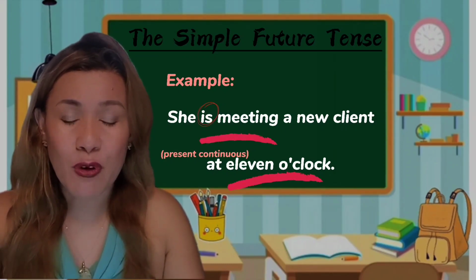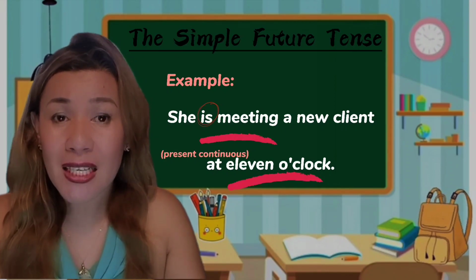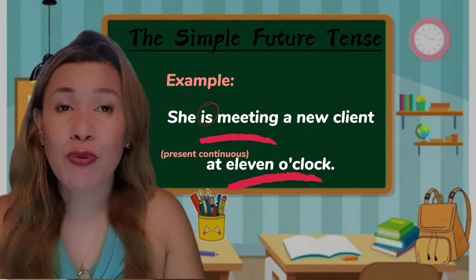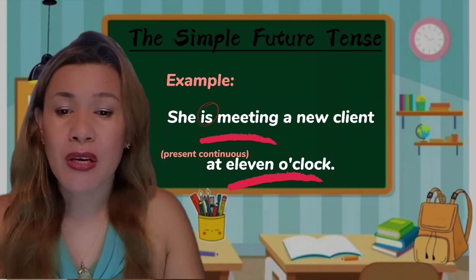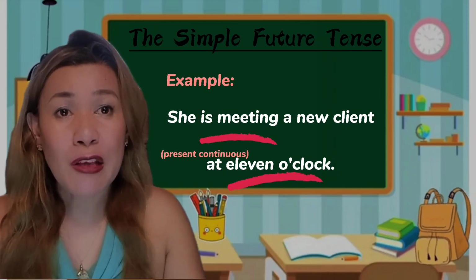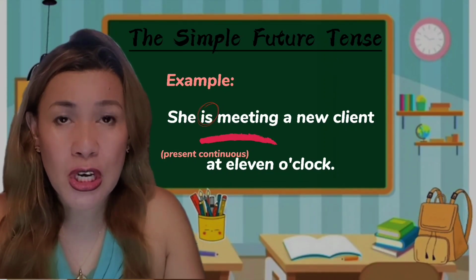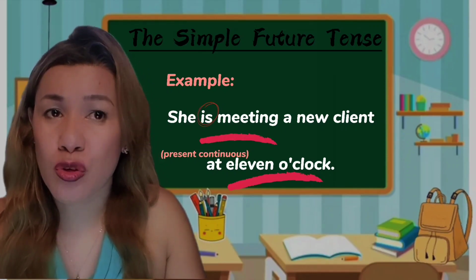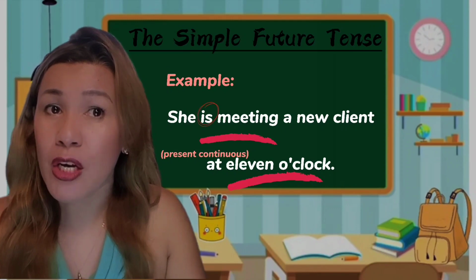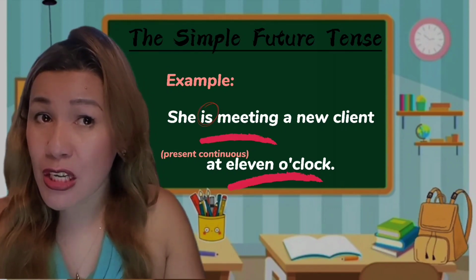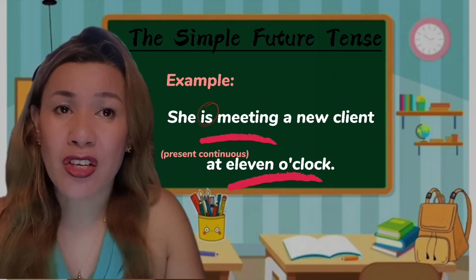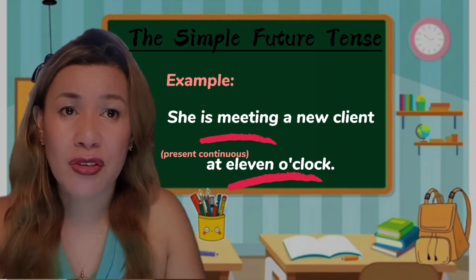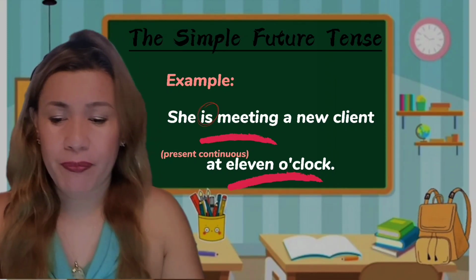So this is a future action, but our verb is in present continuous because you can use present continuous to indicate a future action involving schedule. So we're talking about time here. So we can use the present continuous to indicate a future action, meaning an action that is still to happen.